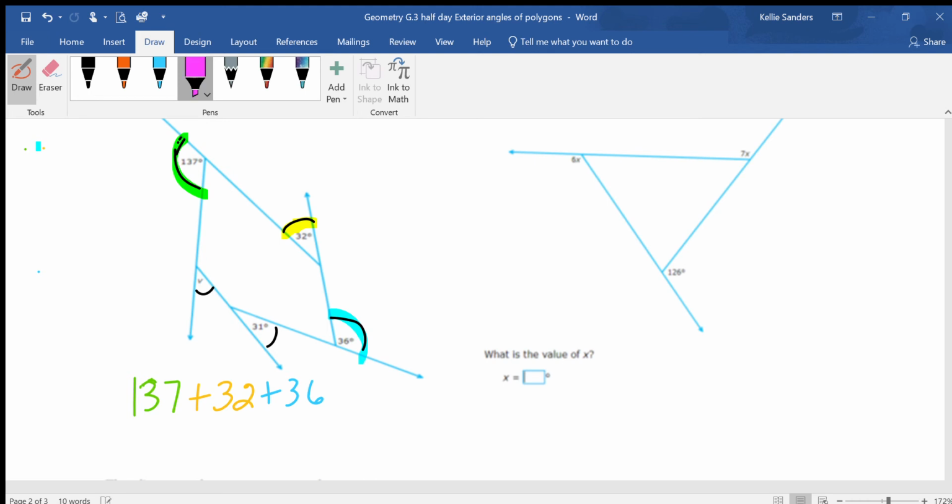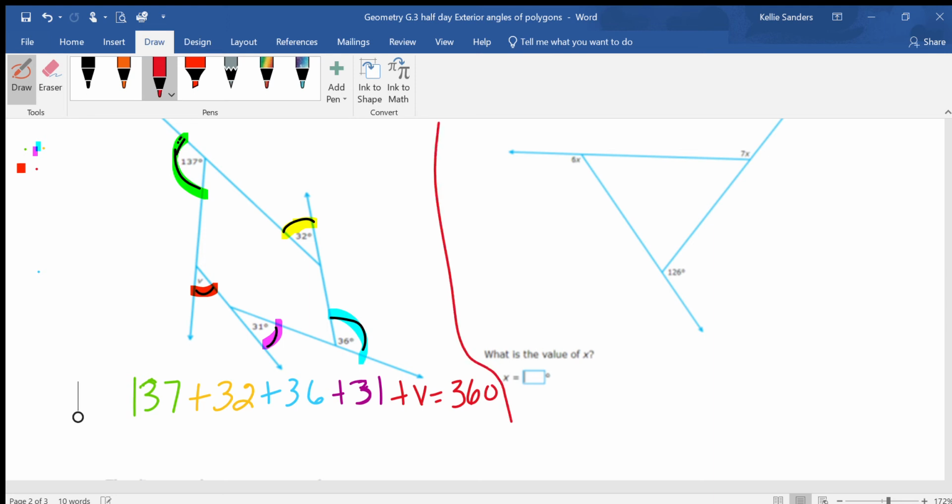And purple, plus 31. And then what color? Red. Plus V. Adds up to 360 degrees. I tried to do it in different colors so you can see where everything is coming from, but that's pretty much what you're going to do on all of these irregular shaped polygons.